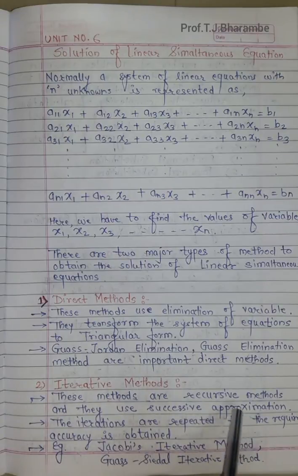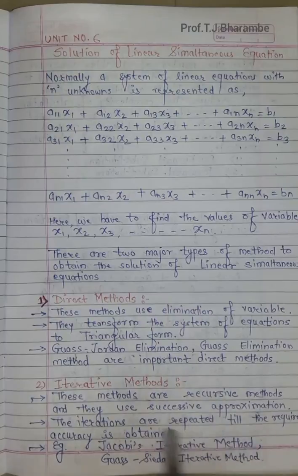Successive approximation means whatever values we have found in iteration number 1, we have to use in iteration number 2 to find the solution. Similarly, whatever values are found in iteration number 2 can be used in iteration number 3. So this is successive approximation.